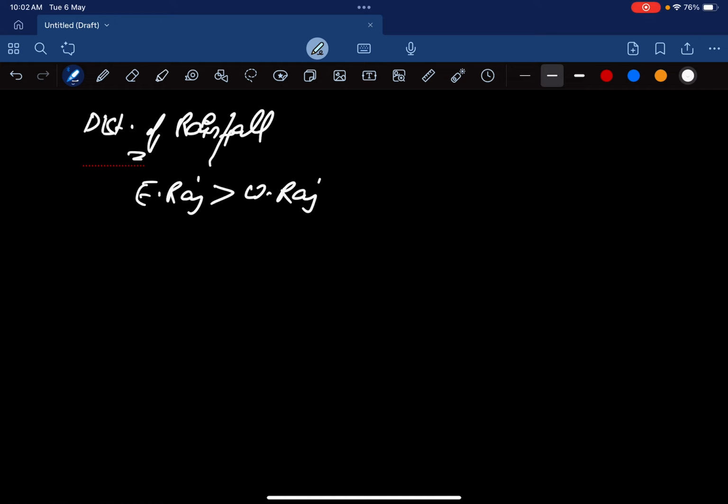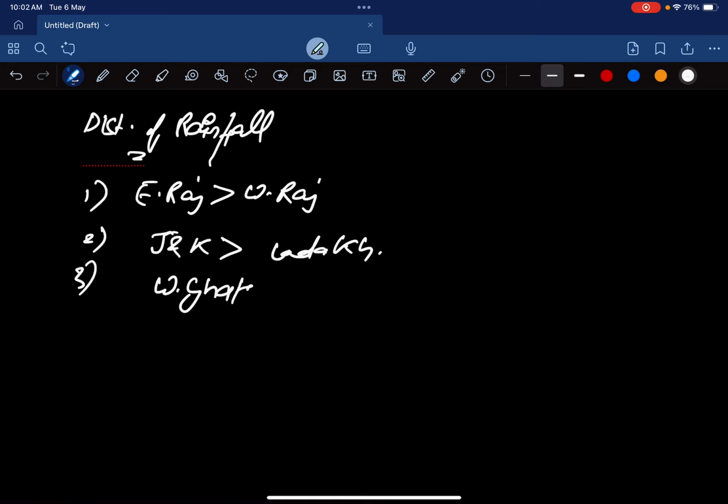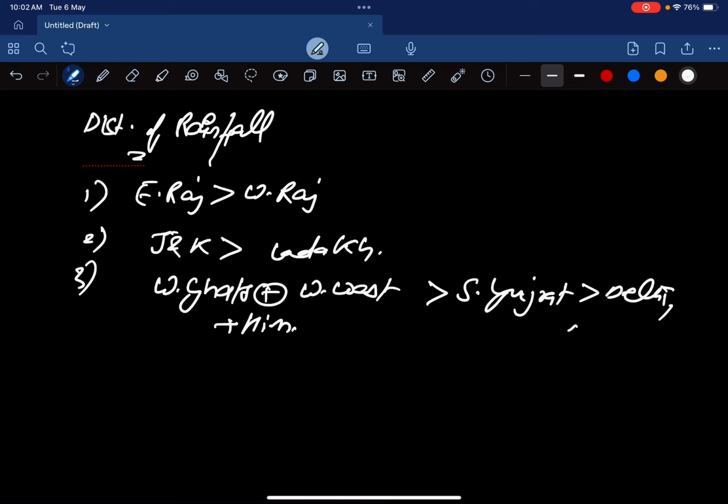If we talk about the distribution of rainfall, so the eastern Rajasthan has more rainfall than the western Rajasthan, right? Jammu and Kashmir has more than Ladakh, right? Plus the western Ghats, plus western coasts, plus Himalayas has more than the southern Gujarat, right? फिर आगे आप करते जाओ, Delhi, Punjab, Haryana, right?